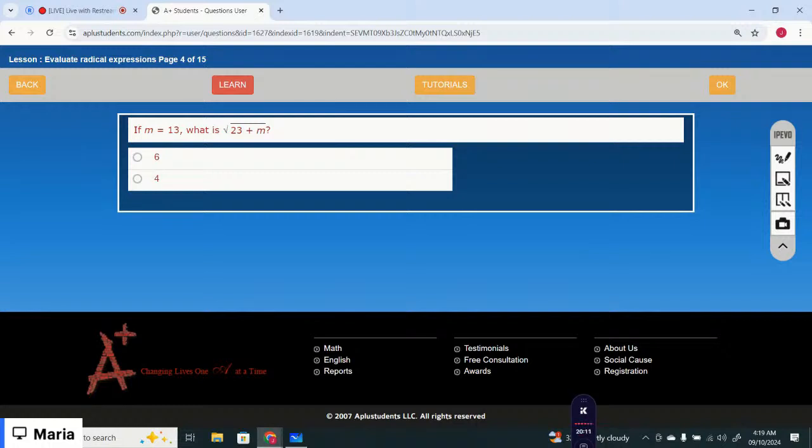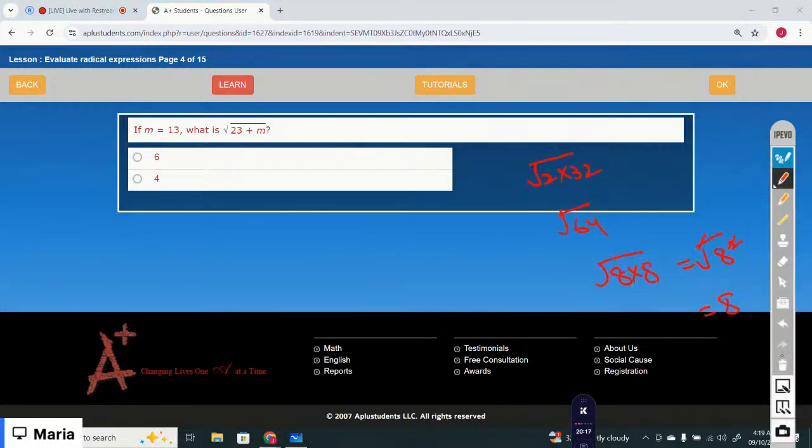If m equals 13, what is square root of 23 plus 3? So replace m with 13, right? That is 23 plus 13. So 3 plus 3 is 6, 36 it is.